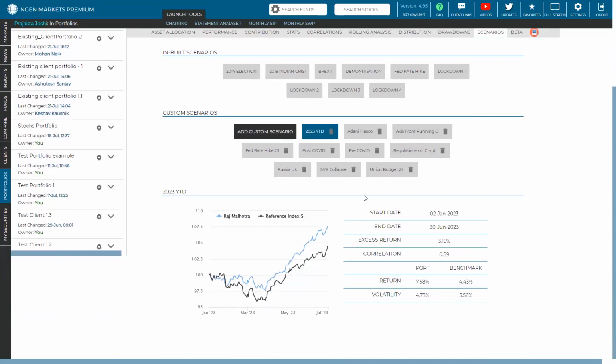So what I've really done is I've saved this particular scenario. I've named it 2023 year to date. And of course, the start date is 2nd of Jan 2023, and the end date is 30th of June 2023. Okay. In this particular 6-month period, the portfolio performance was 7.58% versus the benchmark. Of course, here in this case, it's reference index 5.